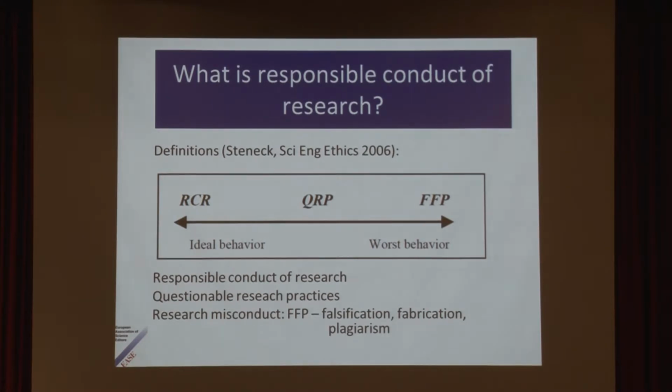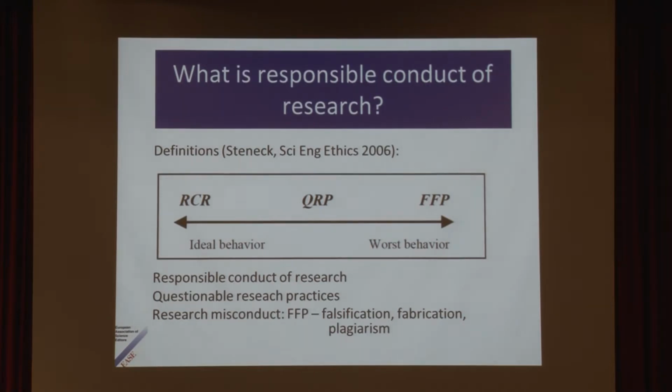This is a definition that is generally accepted in the discipline of research integrity, which defines the extremes of behavior in science, from ideal behavior, which is called the responsible conduct of research, to the worst behavior, which is actually criminal behavior, and you can end up in jail for this in most countries, though there are also differences that we're going to talk about.